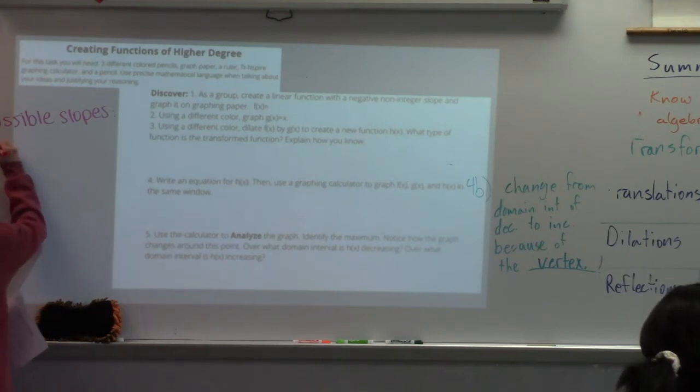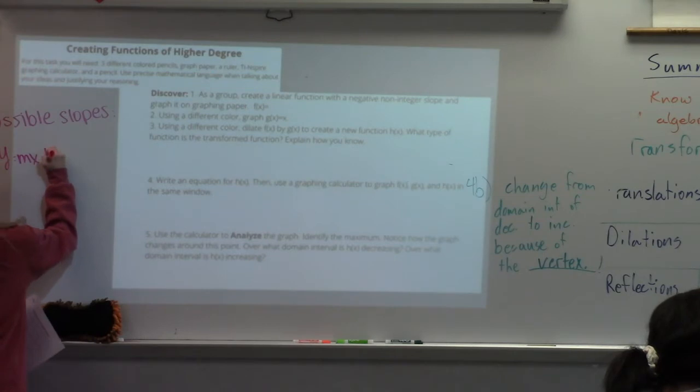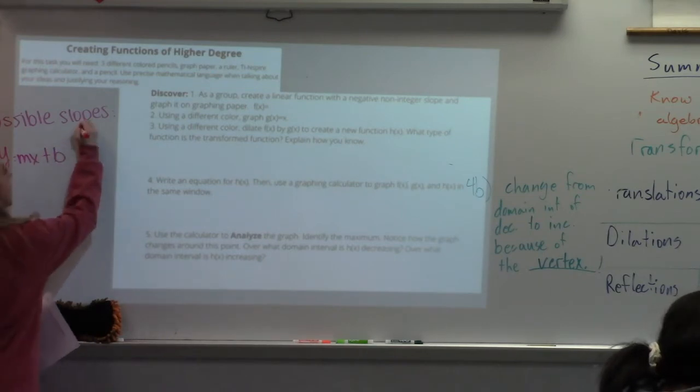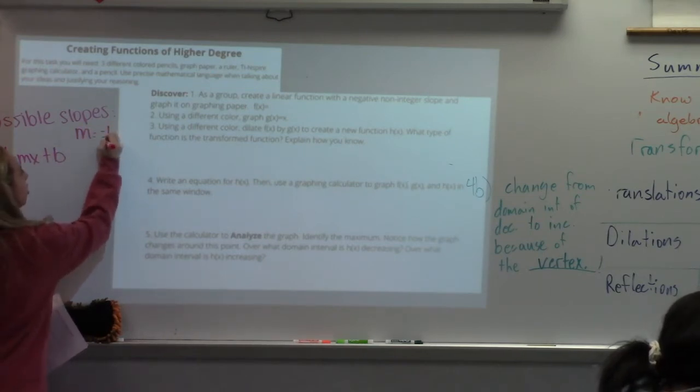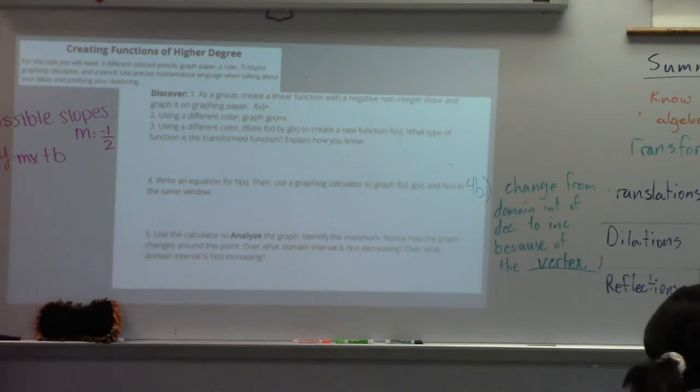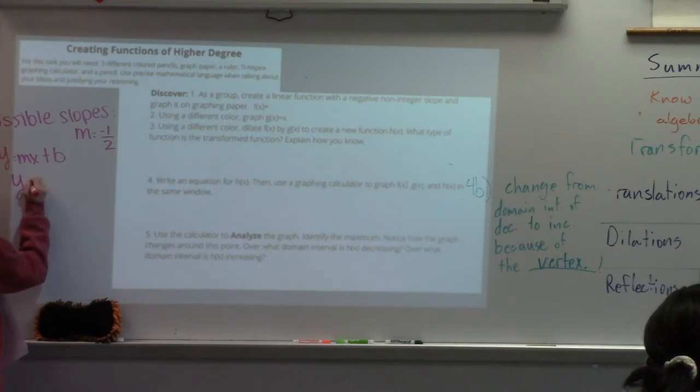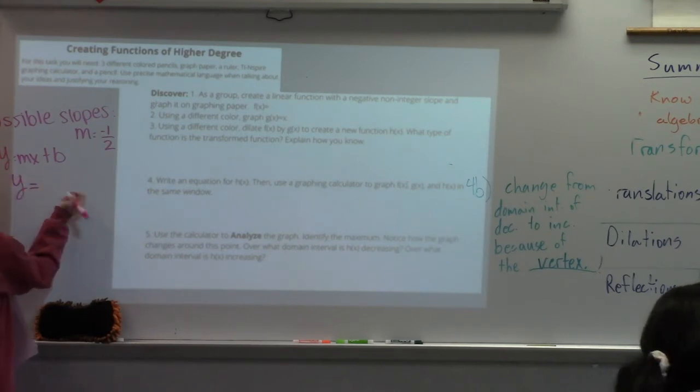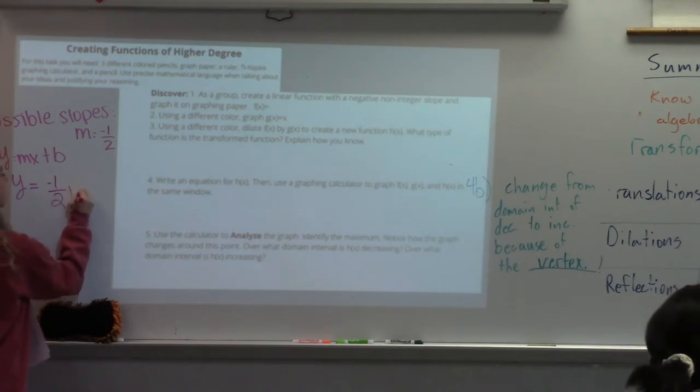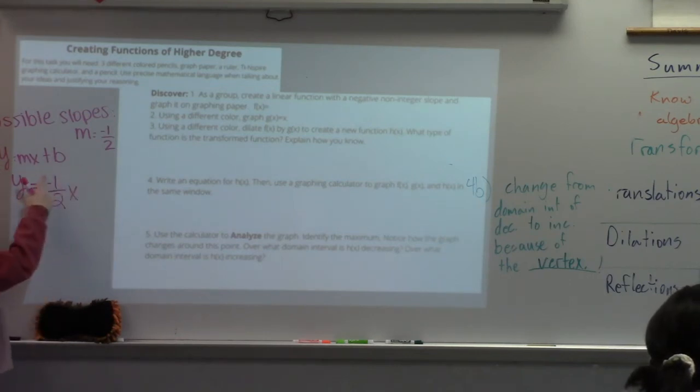Okay, so if we're talking about y equals mx plus b, and she gave me a possible slope of -1/2, where does this go? Okay, y equals -1/2 x plus b. So I'm just gonna keep it as -1/2 x because we don't know what b is.